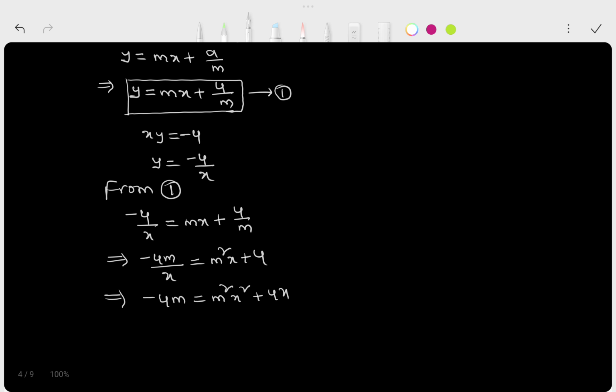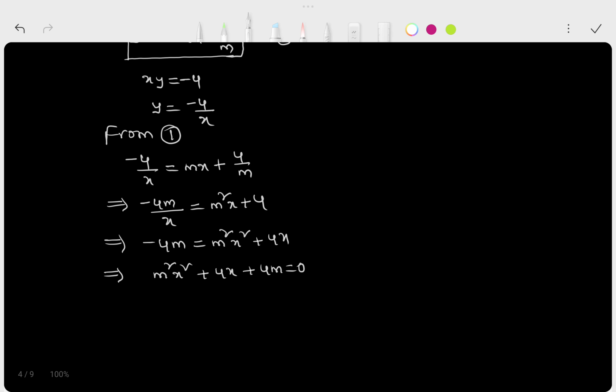You get minus 4m on the right side. It becomes m square into x square plus 4 into x plus 4 into m is equal to 0. You know the fundamental concept. This equation is in quadratic form.